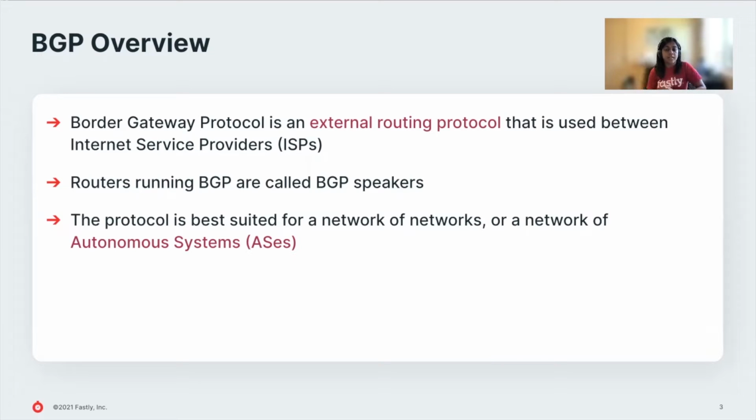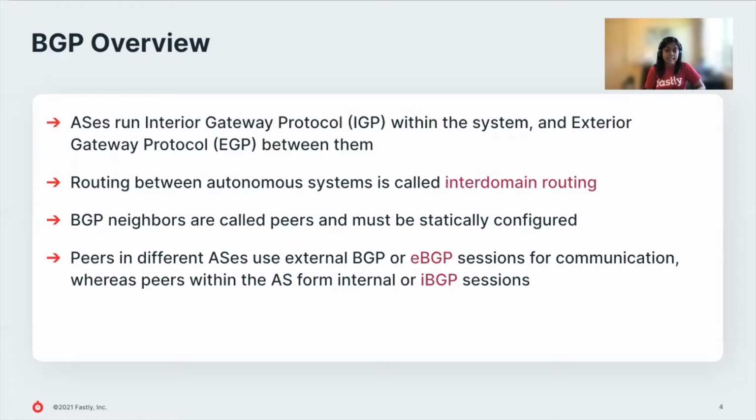Each of these networks is also called an autonomous system. The autonomous systems can run an interior gateway protocol, also known as IGP, within the system, and an exterior gateway protocol between them. The routing between these different ASs is what we call interdomain routing. BGP neighbors are called peers, and this protocol does not have automatic neighbor discovery like some other protocols do, so you statically have to configure the peers themselves.